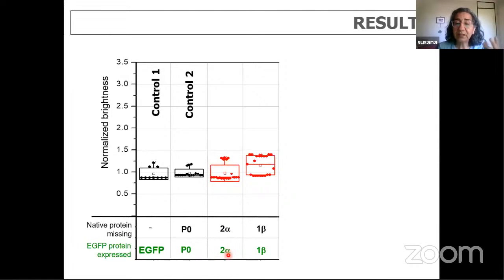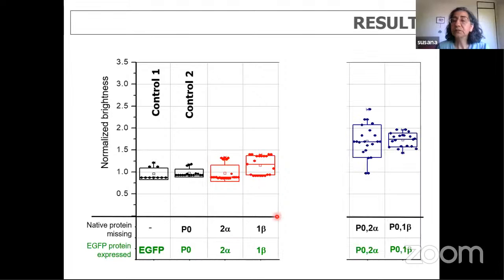And as expected, and we were happy at that point too, they have a brightness of 1. When we remove the 1 beta and we add a labeled EGFP 1 beta, we have a brightness of 2. Have to be precise, right? Plus minus.